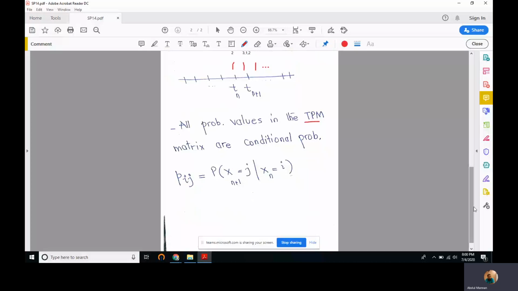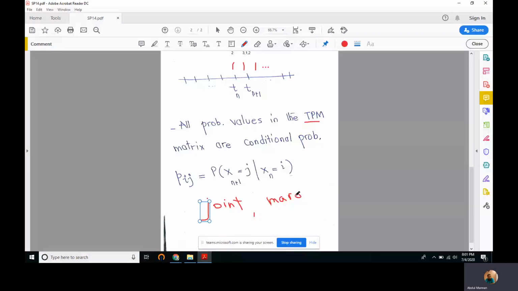In our next lectures, we'll see how we can figure out joint probabilities and marginal probabilities using the conditional probability terms that we find in the TPM matrix.